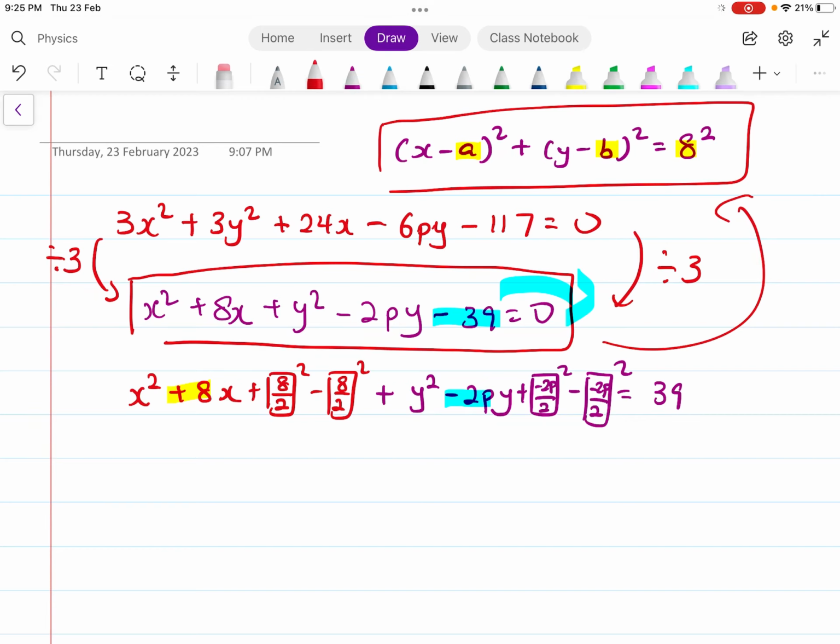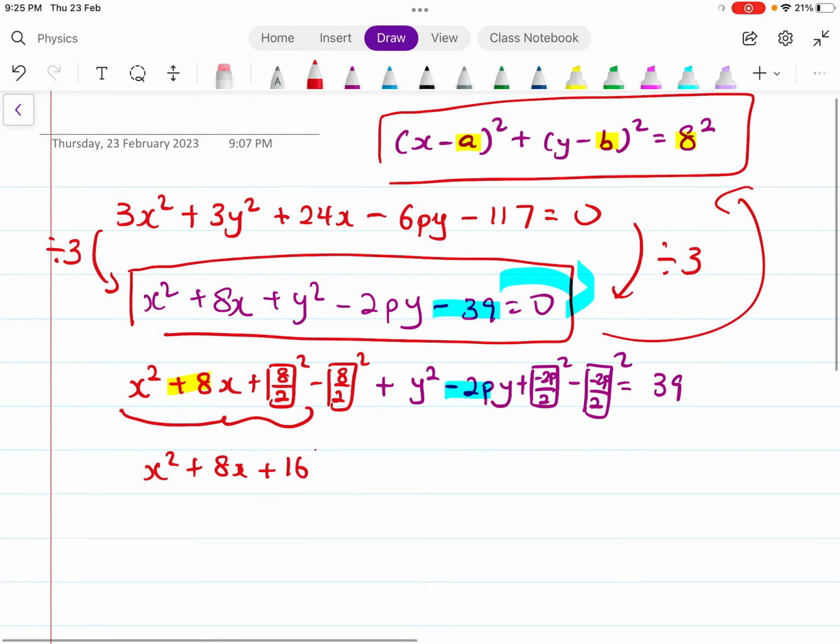Now we do a bit of manipulation. Look at this part: x squared plus 8x plus 8 divided by 2 is 4, to the power of 2, 16. Put a round bracket, then minus 16. Then go to the y. So y squared minus 2py, and for this box, inside is negative 2p divided by 2, which is negative p.